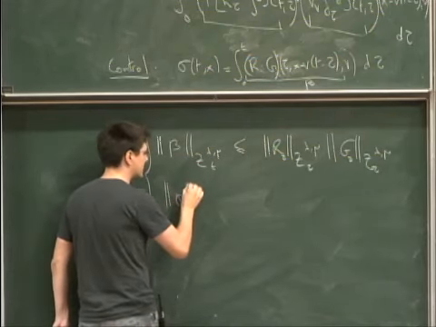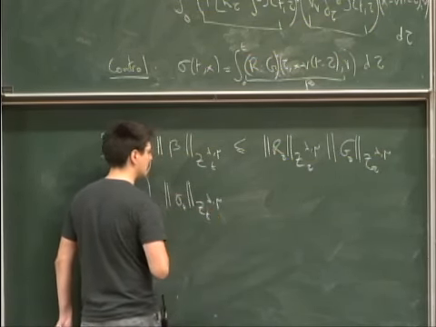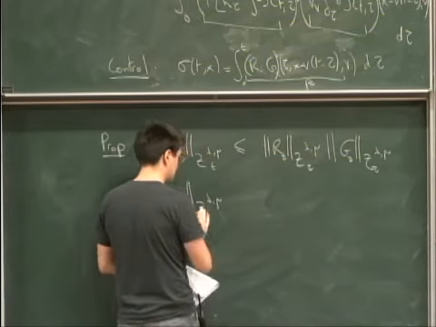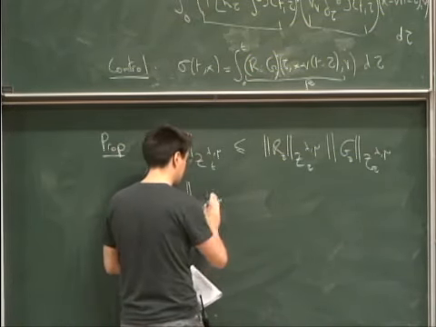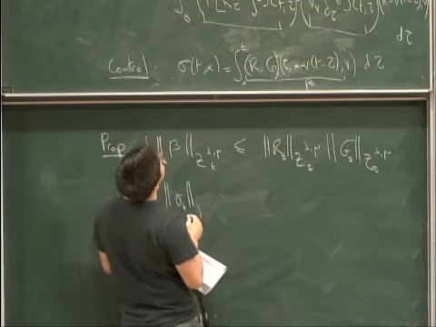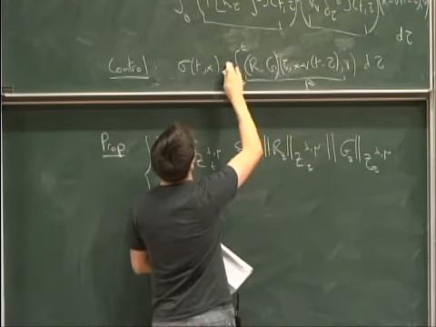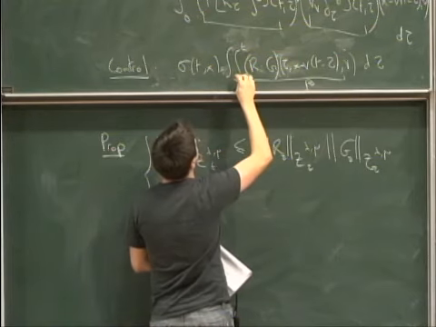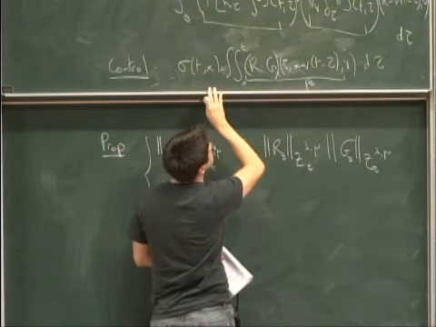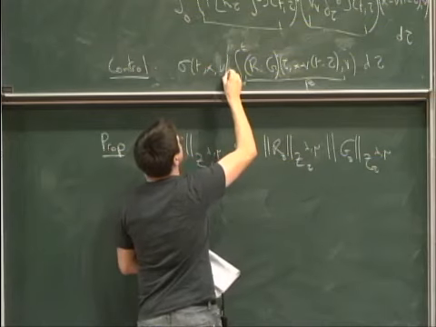Then for sigma, you deduce the following. So for sigma, sorry, it's F. Oh, so sigma, I should have said, yeah, okay, there's still V here. Sorry.